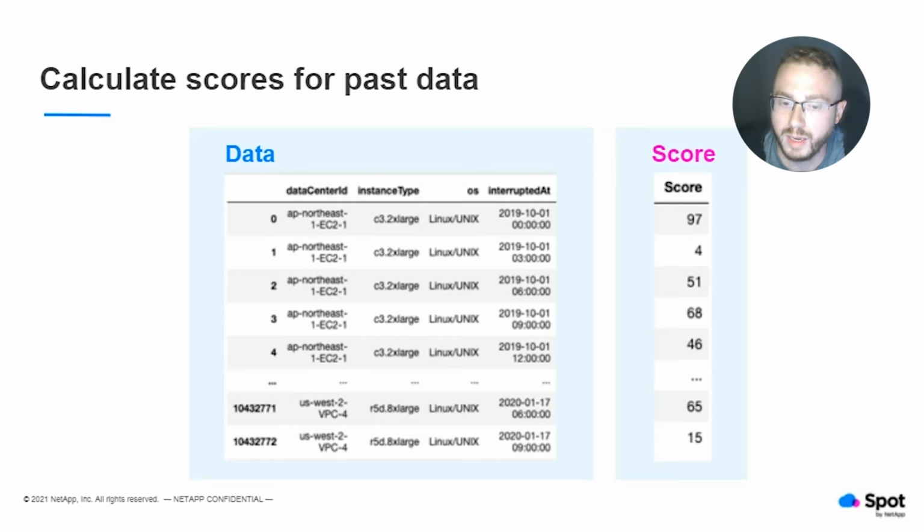If we look at the past, we can generate scores based on the future because it already happened. If we are trying to create a score for something that happened a day ago, we have the future, and so we can calculate the score. So now we have the data, and we have the scores for many events, the score that we want to predict.